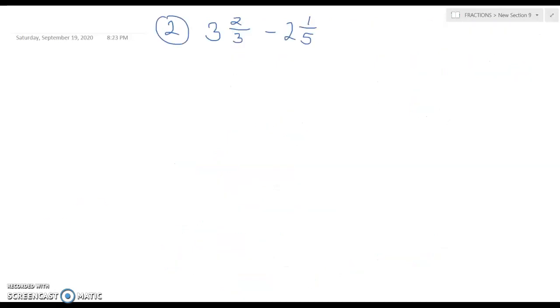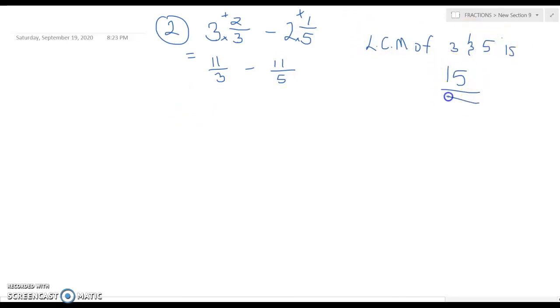So let's look at this next subtraction of these two mixed fractions. Again, change your fractions to improper. First, 3 by 3 is 9, plus 2, 11 over 3. Take away 2 by 5 is 10, plus 1, and we get 11 over 5. Now the LCM of 3 and 5 is 15.